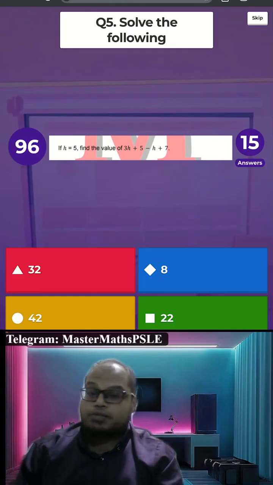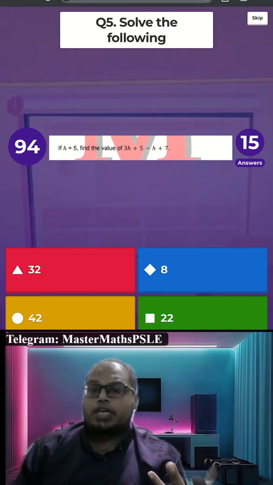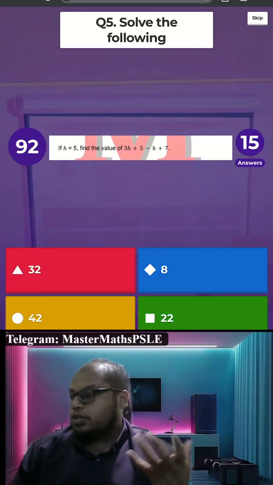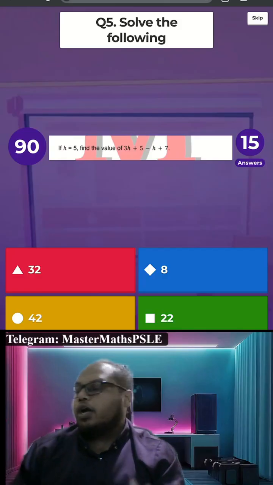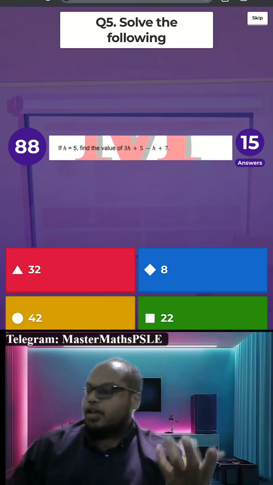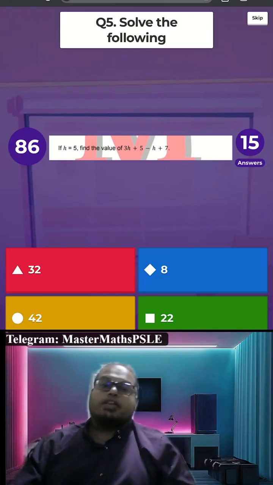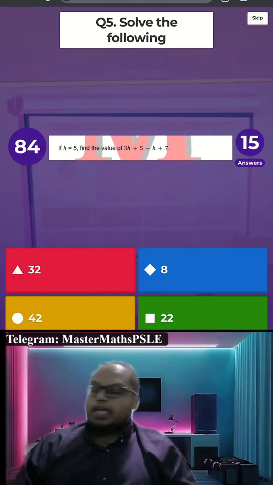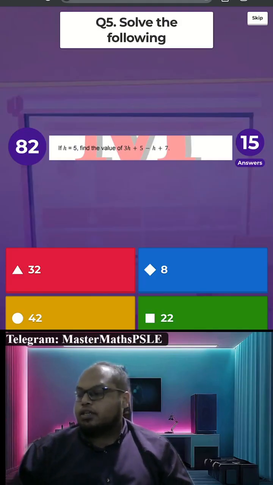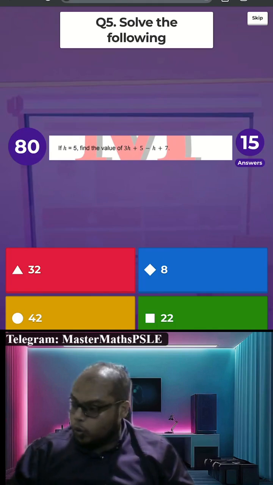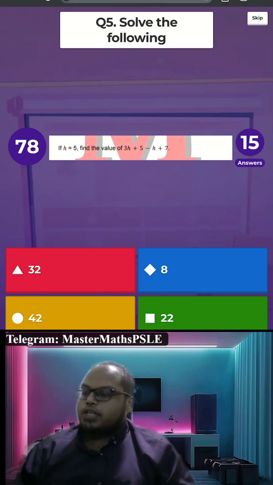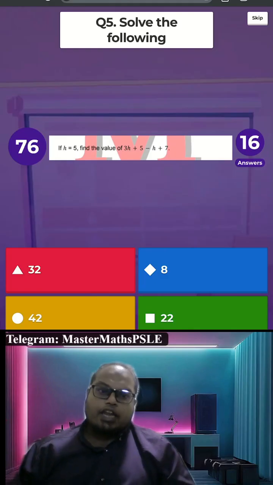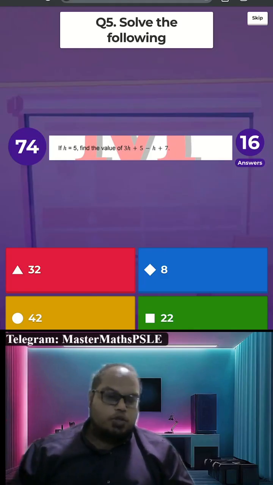Then you have a plus 5, then you minus h again, which is 5, right? So you are subtracting 5 again. Then you plus 7. So what's the answer at the end? I'm seeing some of you say 22, some saying 8. Anyone thinks it's 32 or 42?